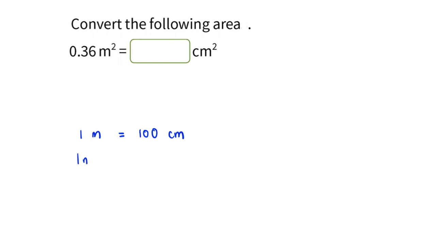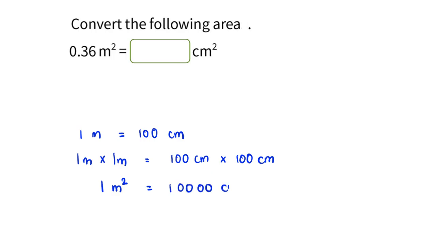So 1 meter times 1 meter is actually 100 cm times 100 cm. And therefore my 1 meter square is equals to 10,000 cm square.